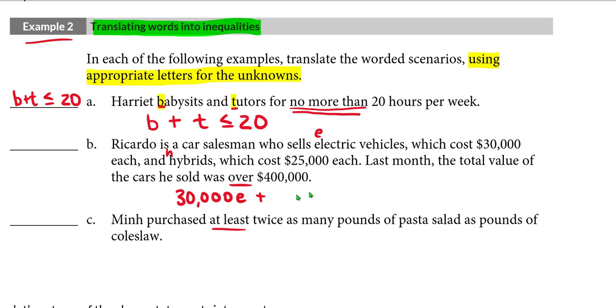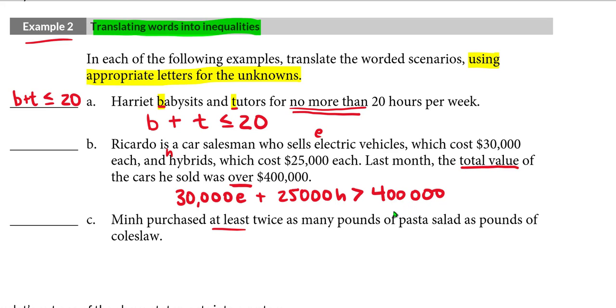I'm going to add to that because I'm looking at the total value of the cars he sold. So the hybrids will be 25,000 times H. So again, value of the electric vehicles, value of the hybrids. When we add those together, we need to be over 400,000.